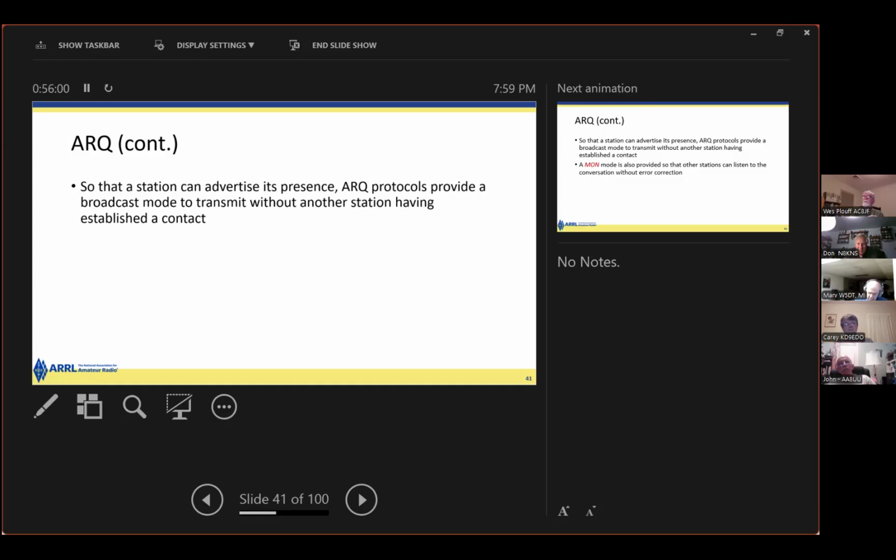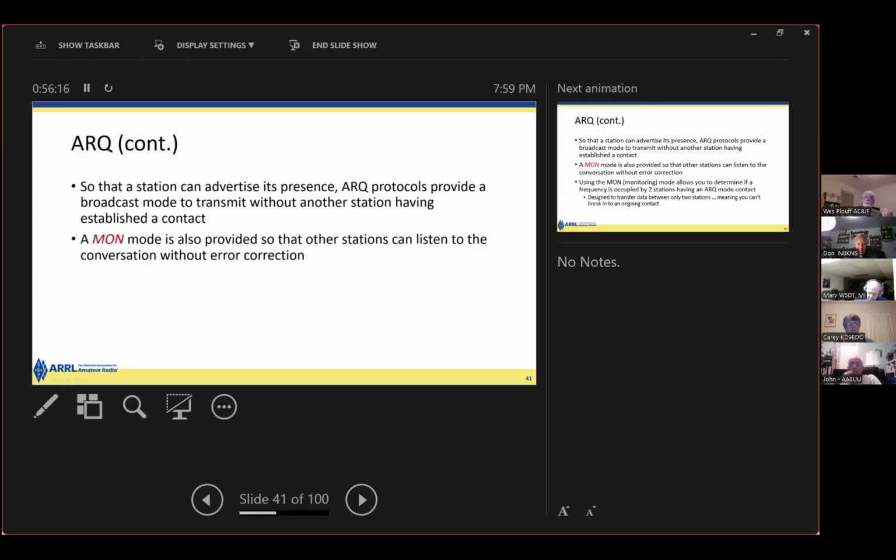So in other words, the station can advertise in order to begin a contact, and then it's one to one when the connection is established and you're in the middle of a contact. I know this wording is a little bit confusing. There's also a monitor mode.